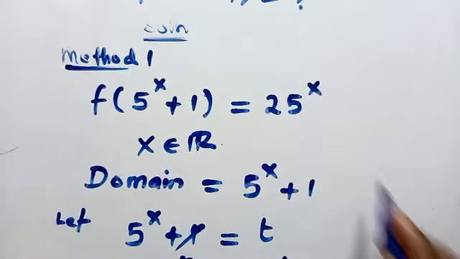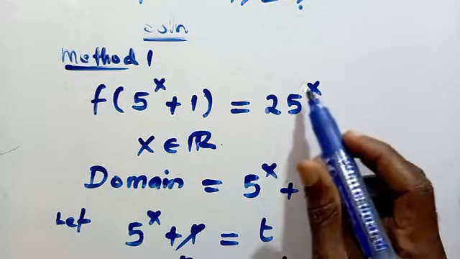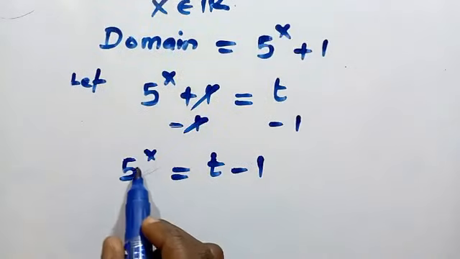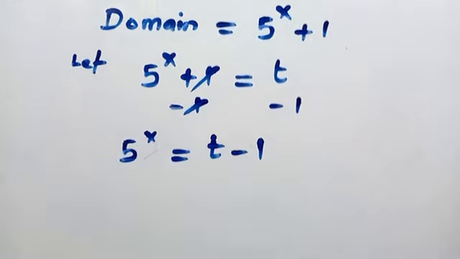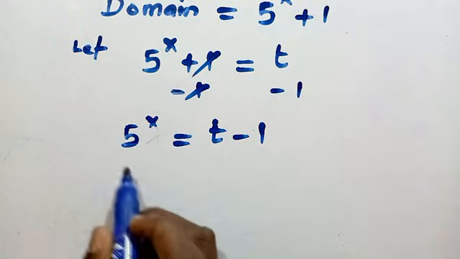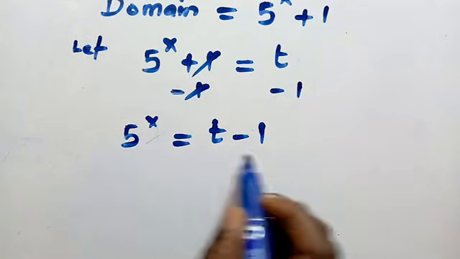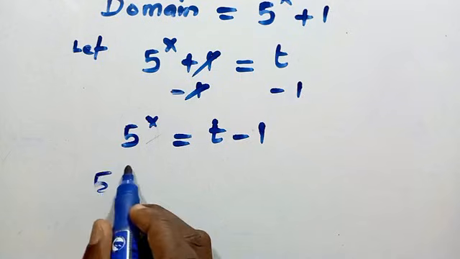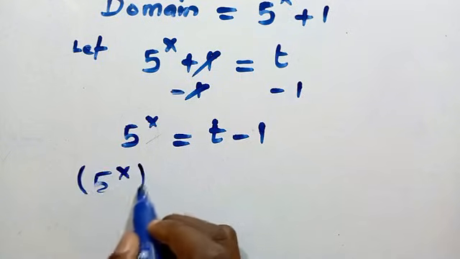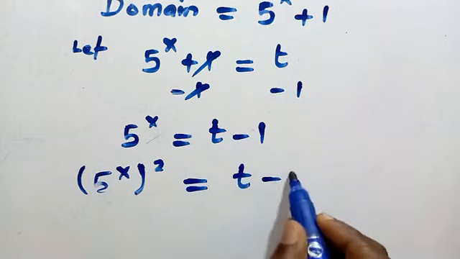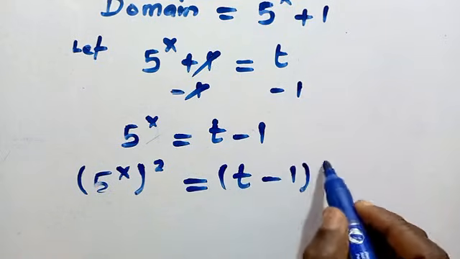As for the right hand side, we have 25^x. I want to have something of that here. We have only 5^x, and to have 5 to the power of 2 in it, let's take the square of both sides. By squaring both sides, we have (5^x)^2 = (t - 1)^2.